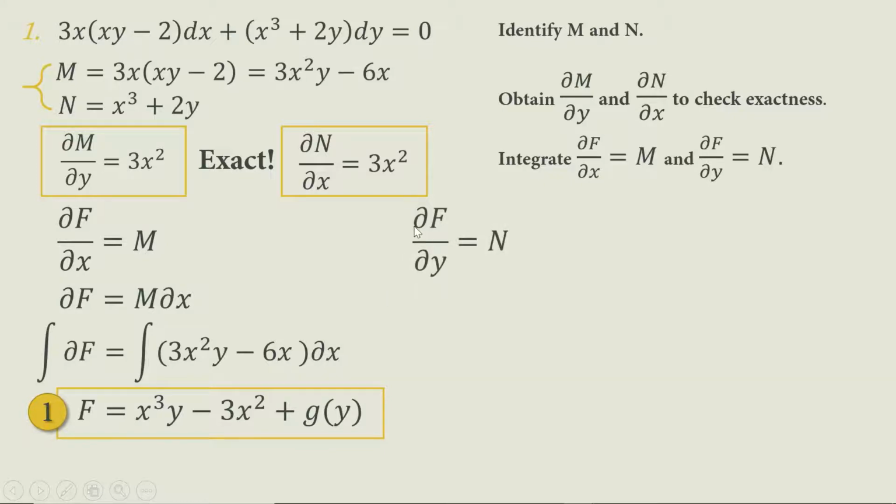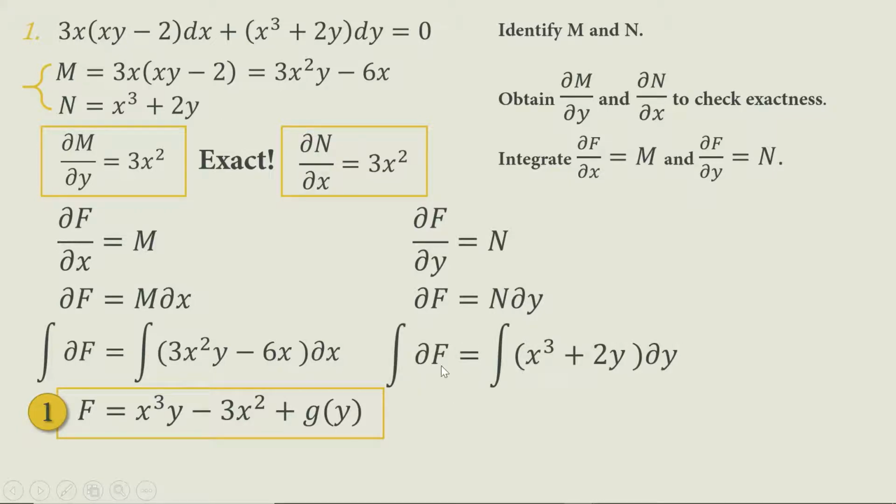Then next, the partial derivative of f with respect to y is equal to N. Cross multiply: partial derivative of f is equal to N times the partial derivative of y, and then integrating while substituting the value of N, which is x cubed plus 2y.